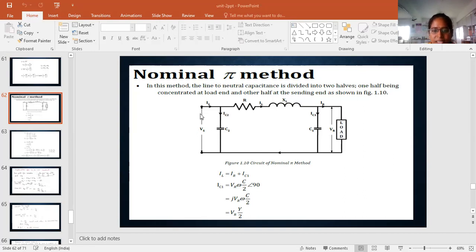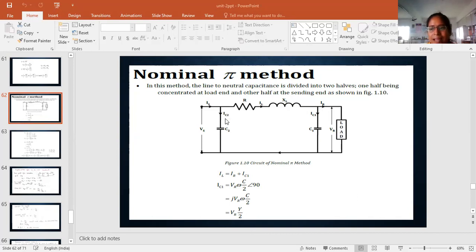In between, in the transmission line, the current IL flows, and it divides into IC2 at the sending end and, after some distance, into IR and IC1. This is the capacitor C1, with current IC1, and here the capacitor C2, with current IC2.